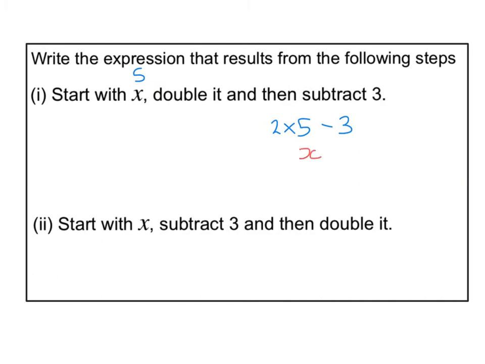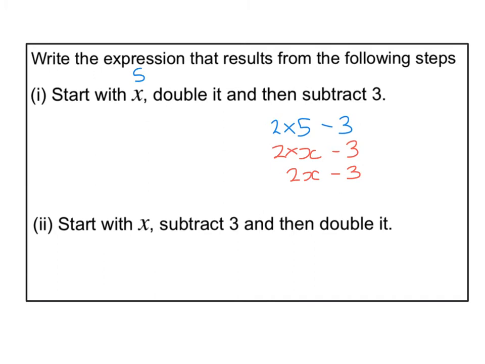Start with x, double it, becomes 2 times x, and then take away 3. Now there's something slightly wrong with that, and it's just that we don't like the times symbol. And this is a really good example because we don't like x being so similar to the times symbol. So we ignore the times symbol and just put 2x, take away 3.